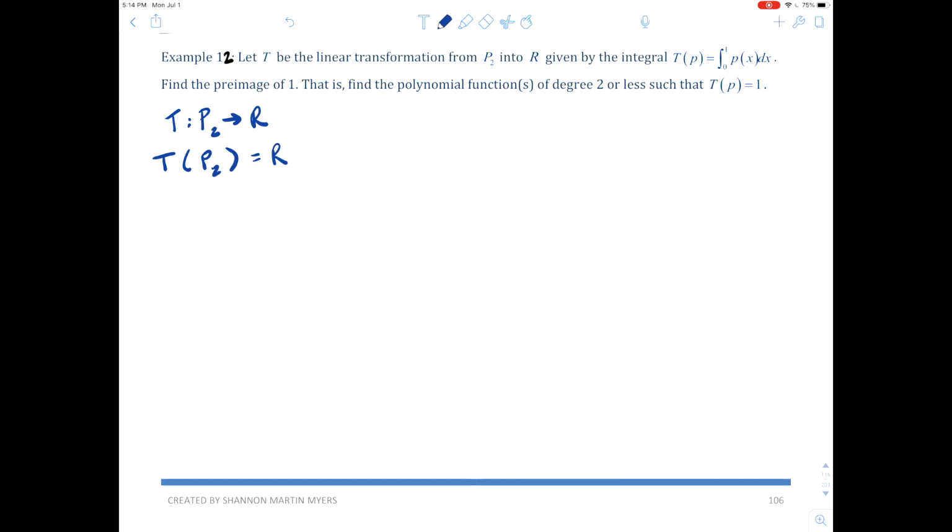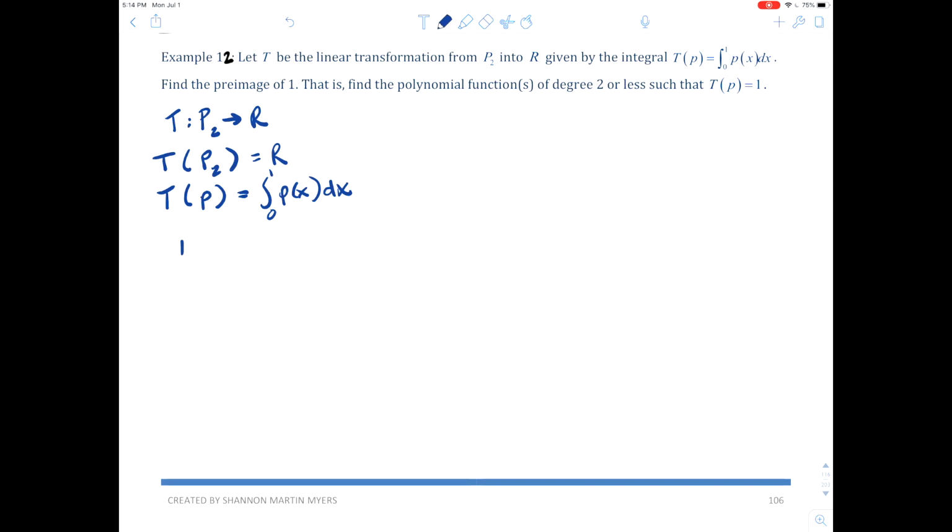So, let's see what we've got going on. We were given that T at P is equal to the integral from 0 to 1 of P of x with respect to x. We want to find the preimage. We want to find what goes inside the transformation.